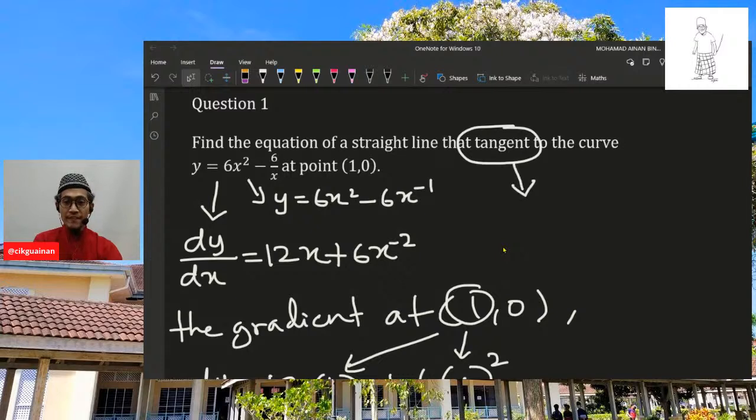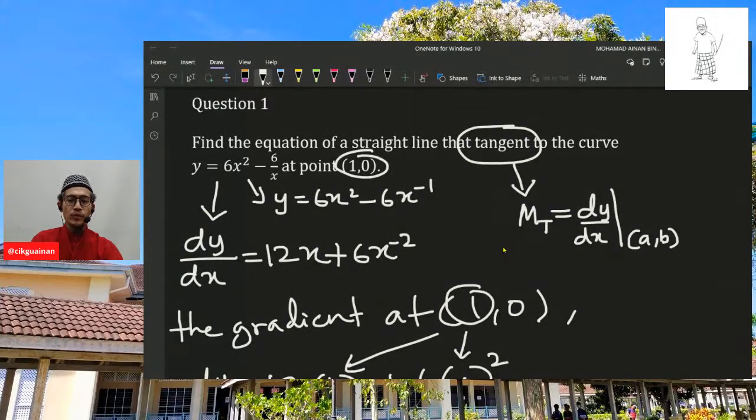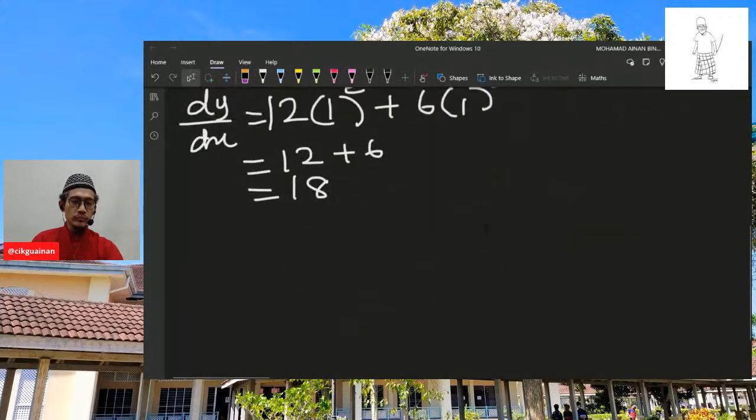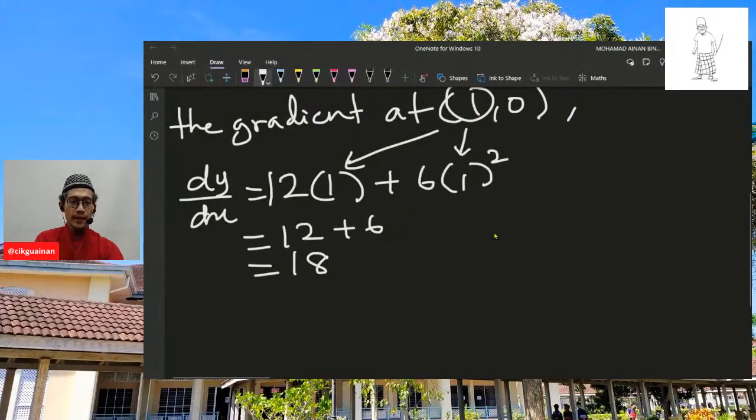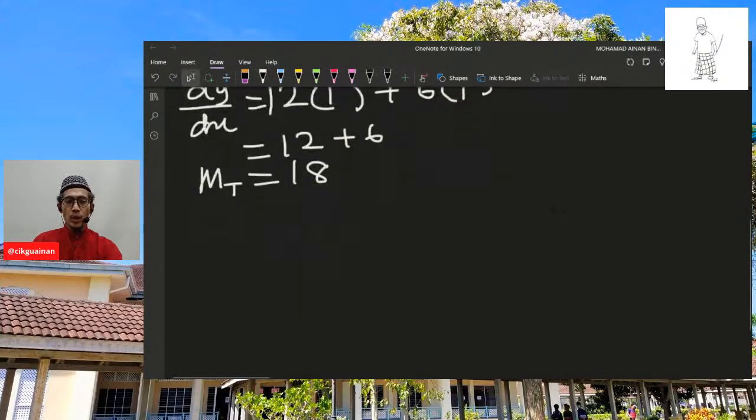So we are looking for mT, which equals dy/dx at the certain point we are looking for, in this case (1, 0). So mT is 18.